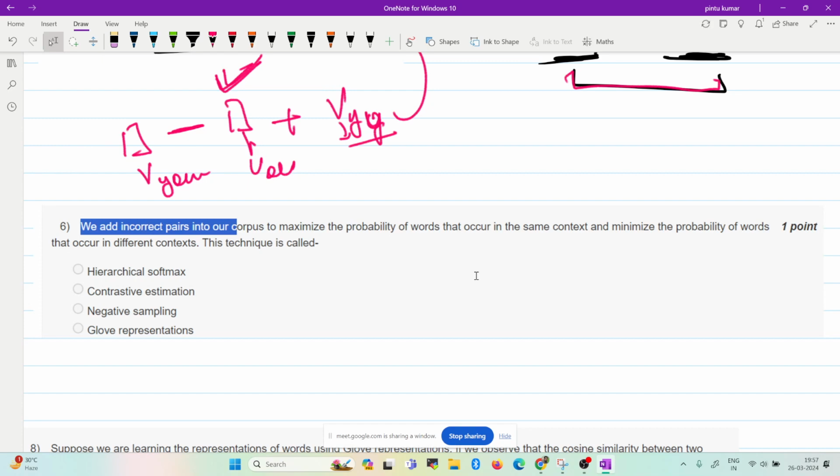As we discussed a few moments ago, we try to maximize the probability of words occurring together, and minimize the probability of words that occur in different contexts, or words that do not occur together. This kind of method is known as negative sampling.